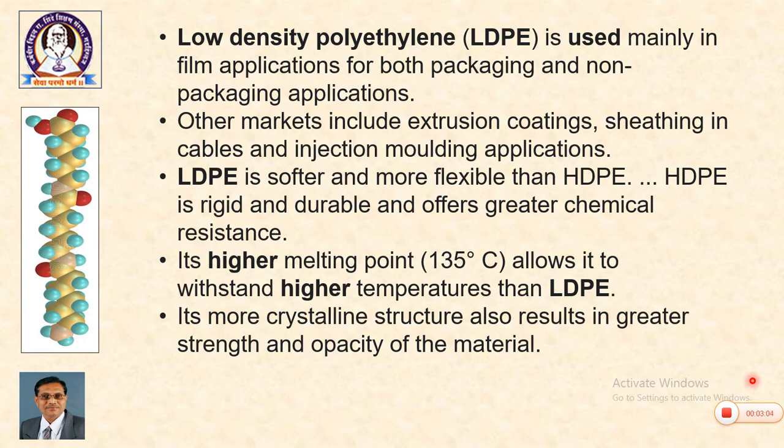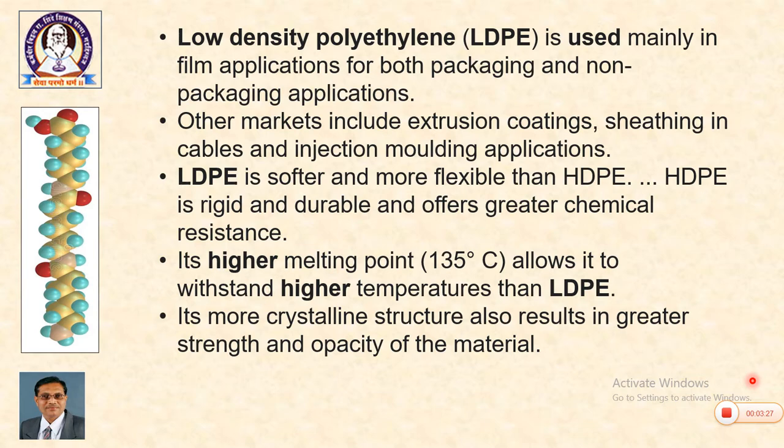The low density polyethylene is used mainly in film applications for both packaging and non-packaging applications. Other markets include extrusion coating, sheathing in cables and injection molding applications. Low density polyethylene is softer and more flexible than high density polyethylene.